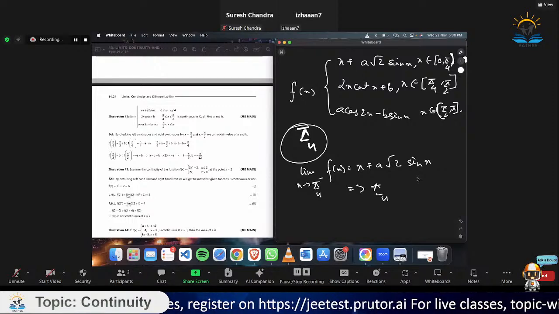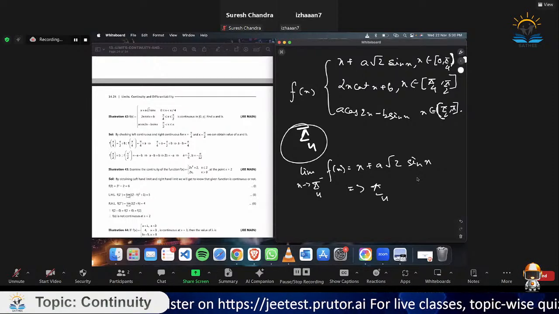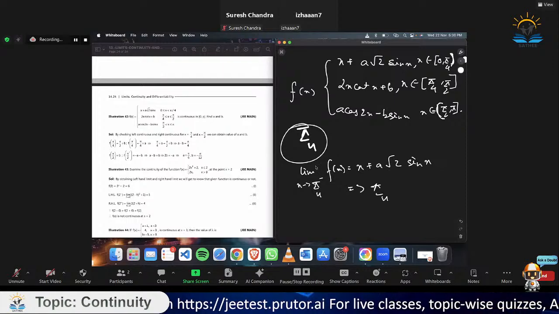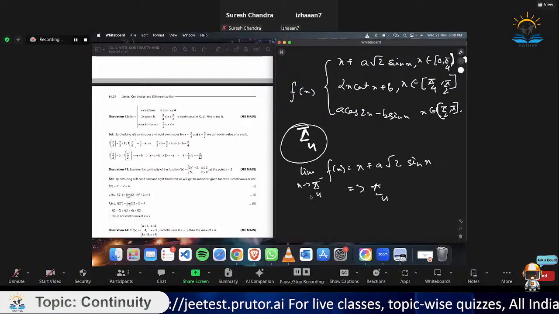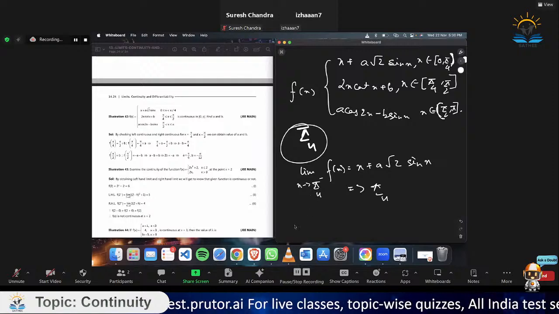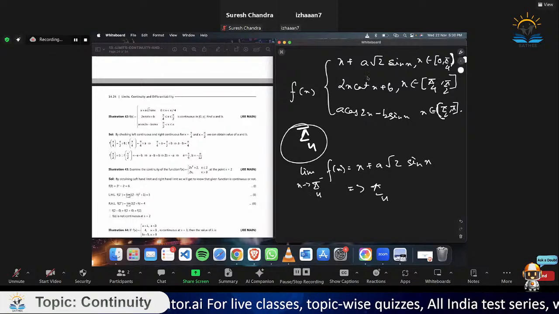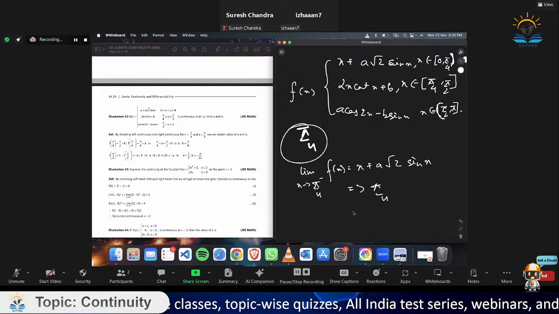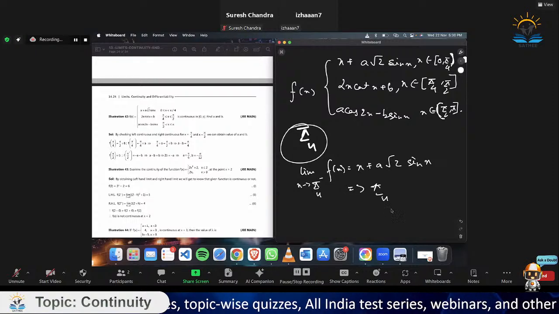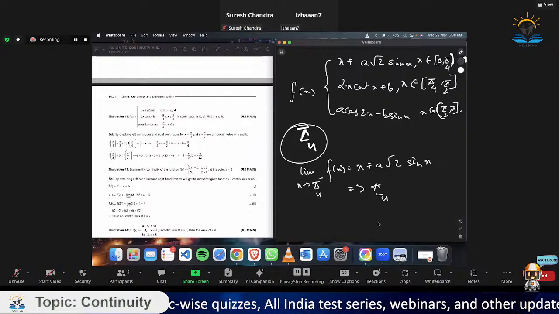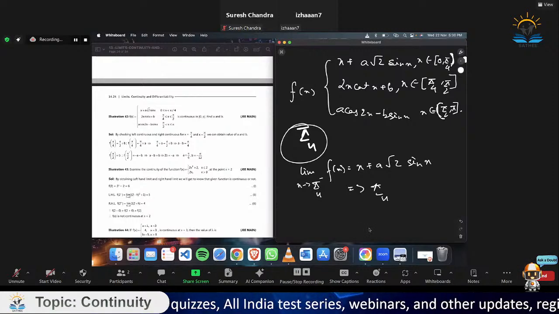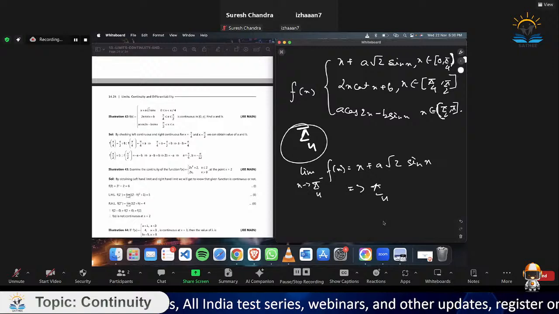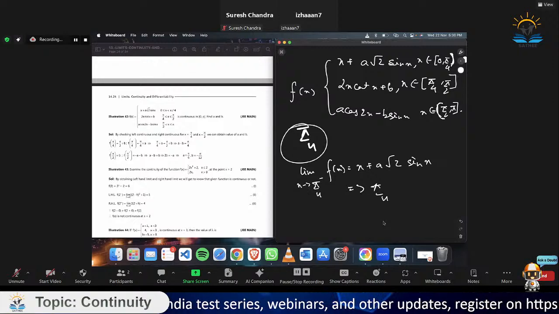And if I approach it from the right hand side of pi by 4, that means greater than pi by 4 a little bit, the function changes to this 2x cot x plus b. Putting the values for it, I'll get simply pi by 2 plus b. So LHL should be equal to RHL, right?